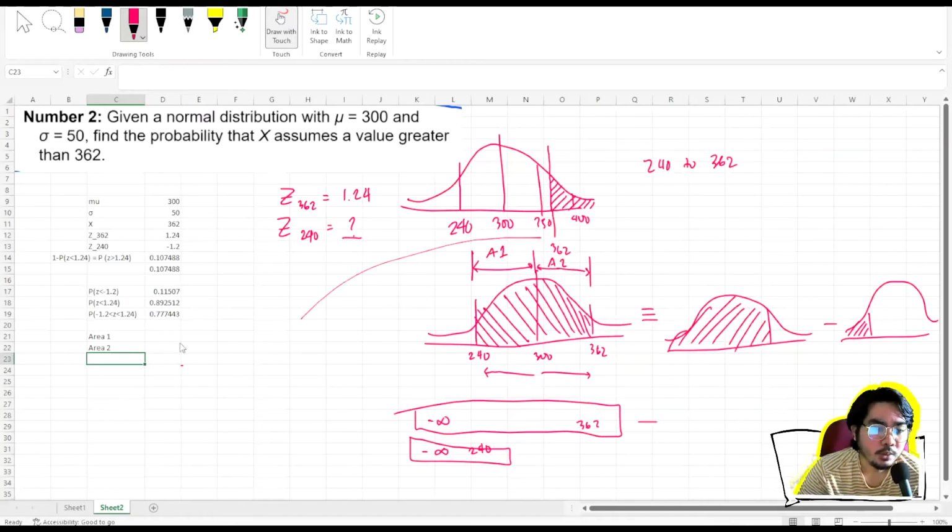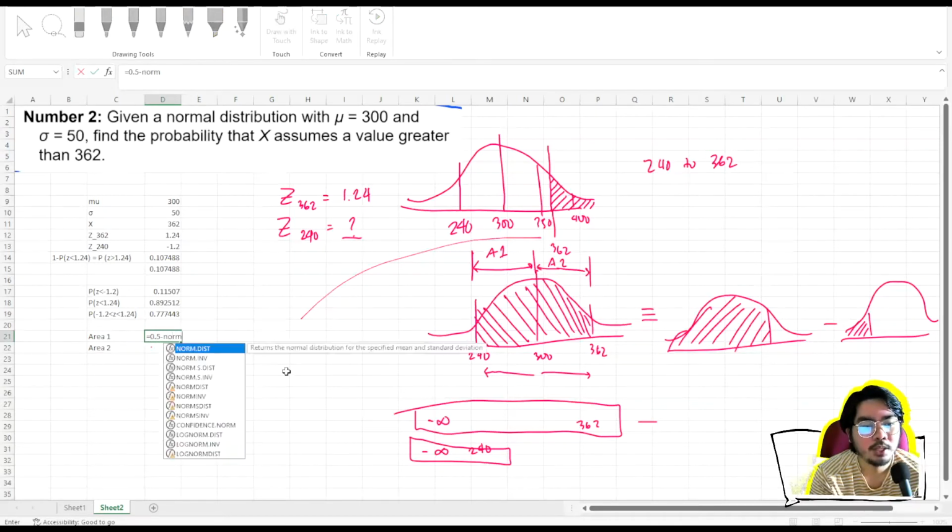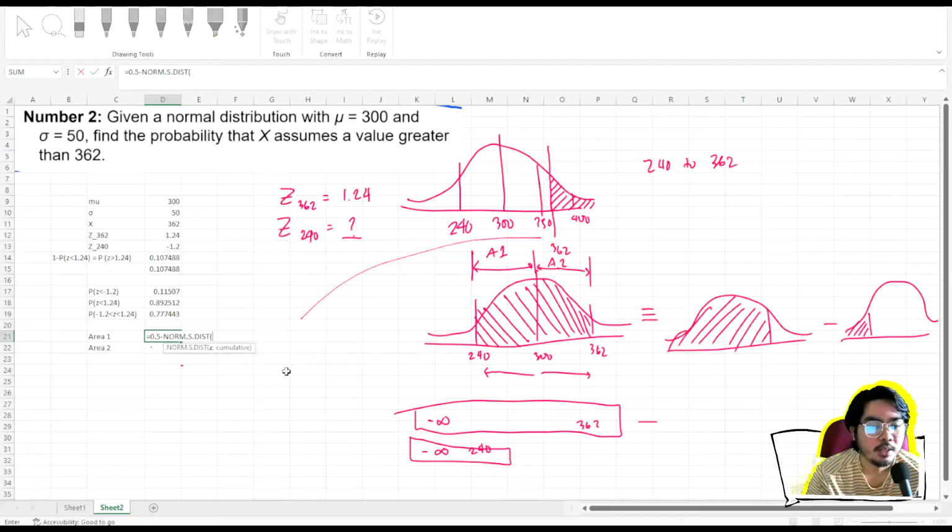So if you want to do that, another way of doing it is to just do equals 0.5 minus norm.s.dist ng negative 1.2 cumulative. So that's 0.38. So that's from dito to dito. Tama? Sorry. From dito to dito.